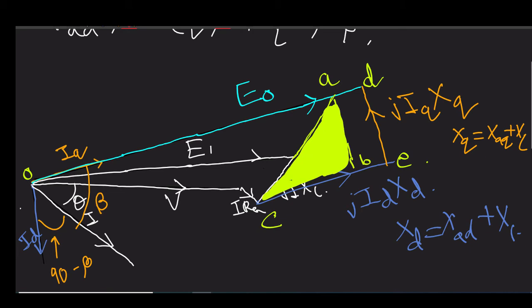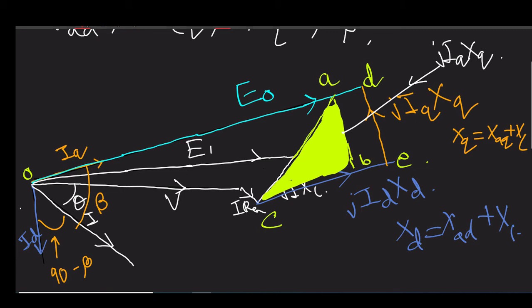Now see, in this triangle, if you consider what is your AB, by construction this AB is equal to JIQXQ, right? Now if this is JIQXQ, what is this side?